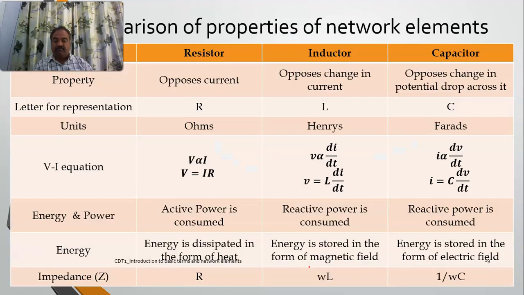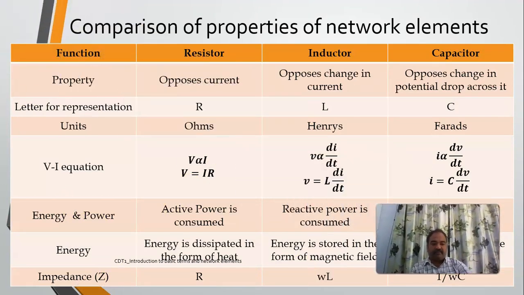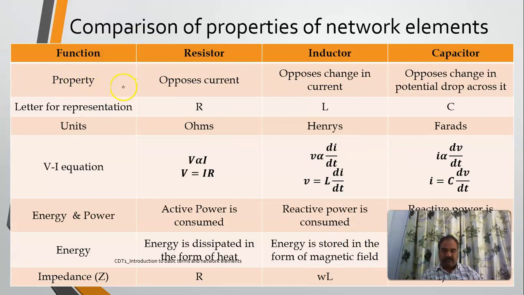Now, if I bring these properties together, this is an important table which you must learn. Coming to the function, resistor opposes current, inductor opposes change in current, whereas capacitor opposes change in potential drop across it. The representation is R, L, and C, each with its symbol.